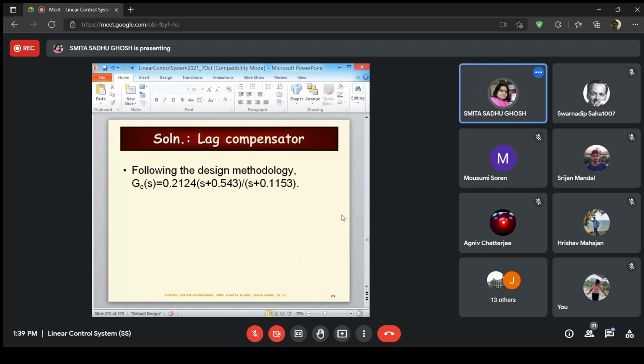So what I would like to mention next is that one thing is to be kept in mind. This problem is a design problem, right? So design problem means there is no one correct value which everybody would be using and getting the answer. There is a range of possibilities within which any one value can be chosen, meaning that the frequency where you want to place your compensator, the desired gain crossover frequency, as I have been mentioning, somebody may choose a particular frequency, somebody else may choose another value, somebody may be choosing a third value.